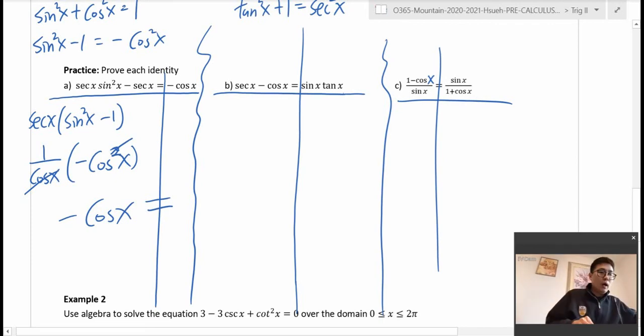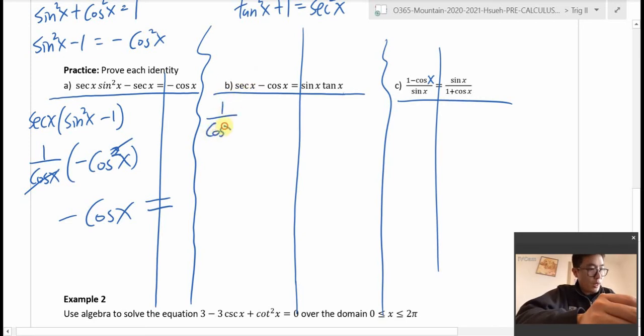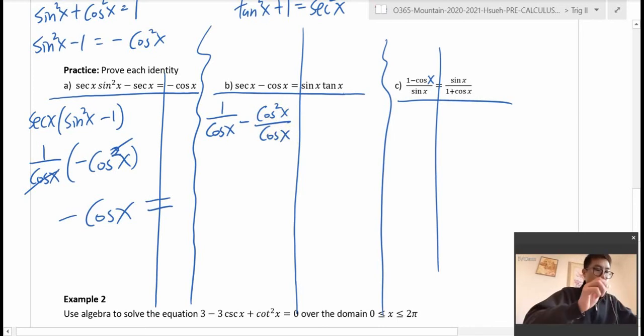Okay. Part B, here again that's a secant, so I'm going to change it to 1 over cosine. This is cosine, and I have a fraction now, so I would rewrite cosine as cosine squared x over cosine x. So I have the same denominator, and therefore I can do some simplification here. I have 1 minus cosine squared on the top, and I know that 1 minus cosine squared gives us sine squared x.